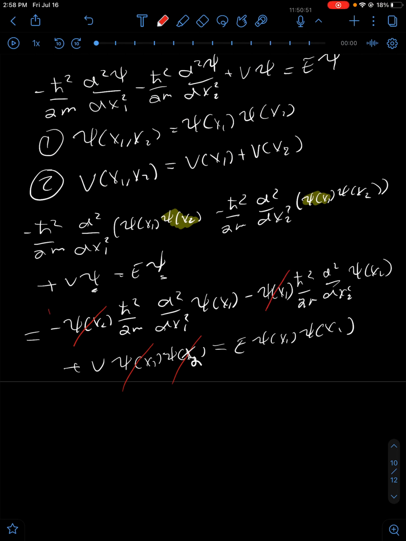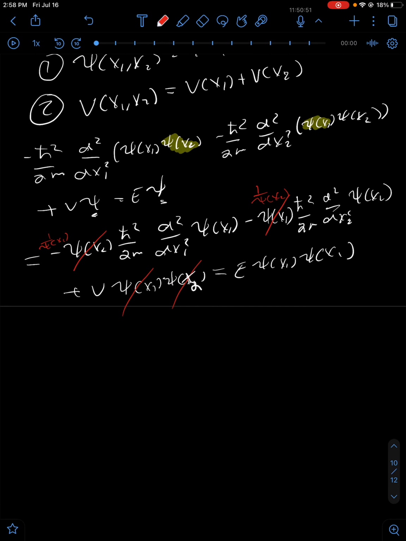So we divide both sides by that. So these go away, and these pick up a 1 over psi of x1 term, and this side picks up a 1 over psi of x2 term. Okay?